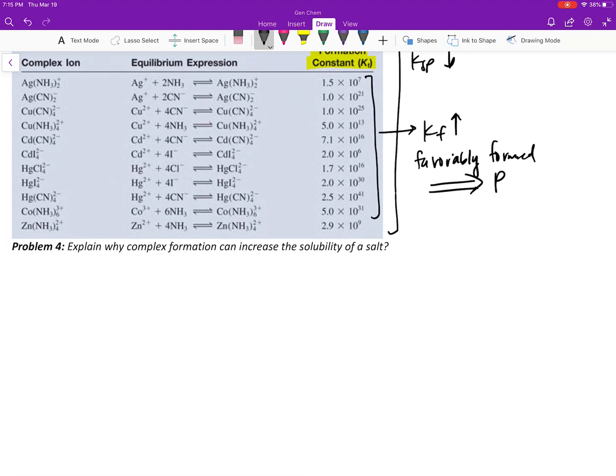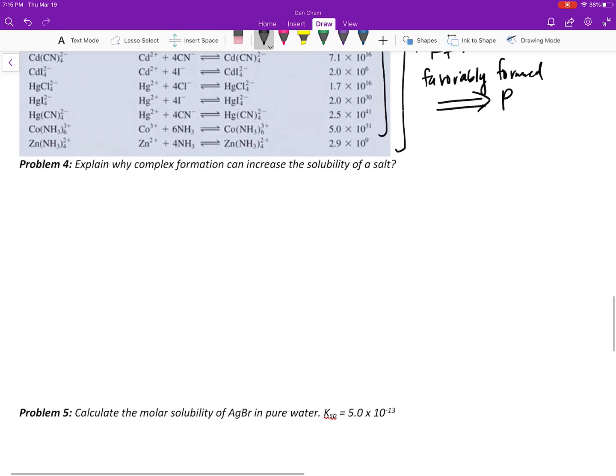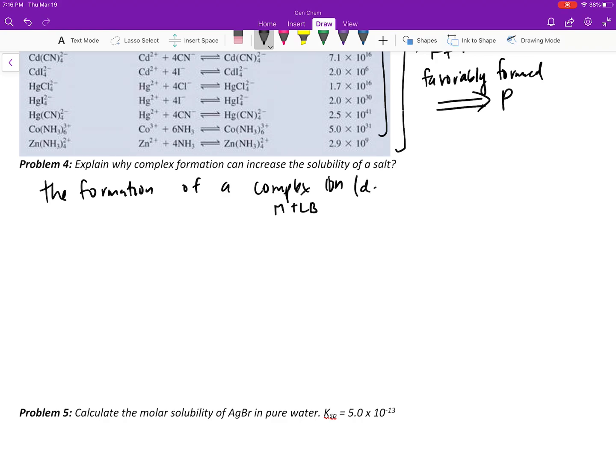So the last question for this video says: explain why the complex formation can increase the solubility of a salt. So the formation of a complex ion, which a complex ion is what we form between the metal and the base, the adduct, removes dissolved ions from solution.